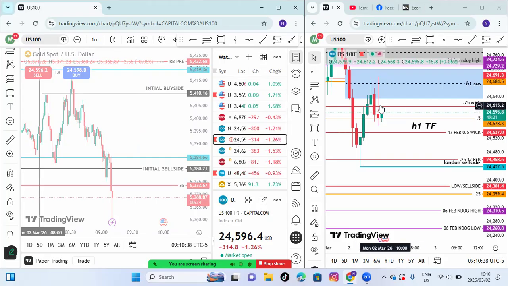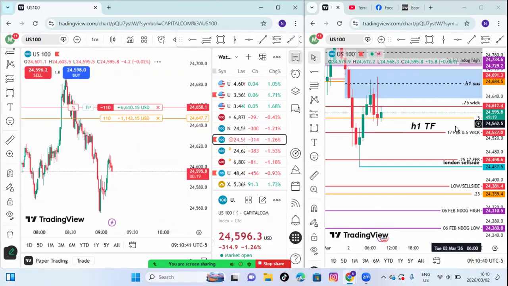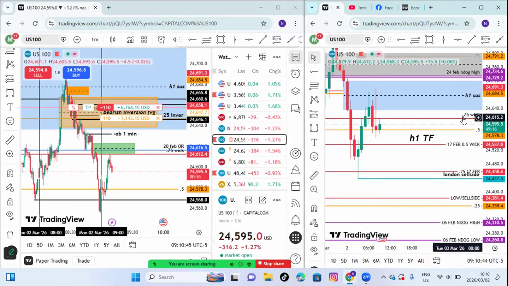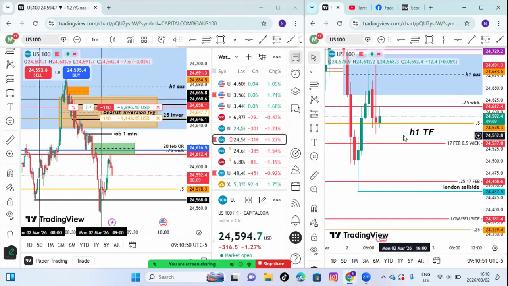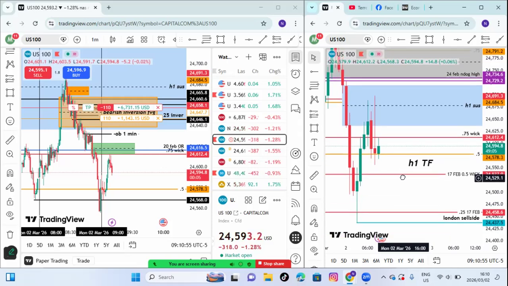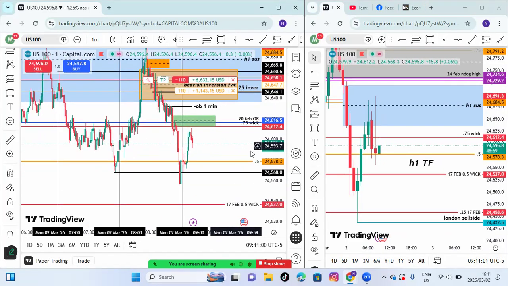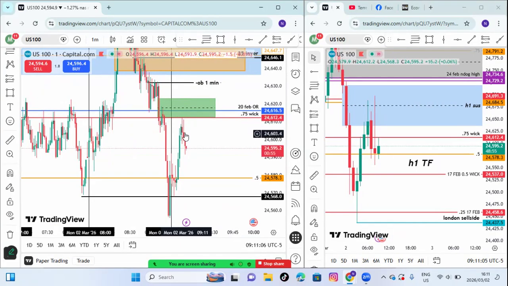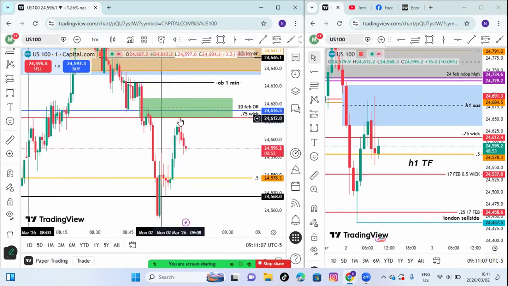And see that hit there on the 1 hour. This daily. So this 0.75 week from February the 17th. Hitting that level. And the sticks can't even get close to that. That's weakness.